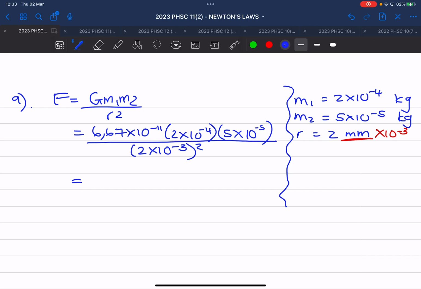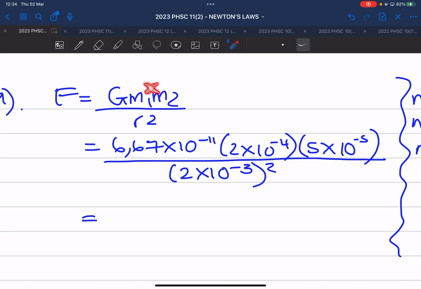Any two objects in the universe will attract each other with a force that is directly proportional to the product of their masses and inversely proportional to the radius between their centers squared.